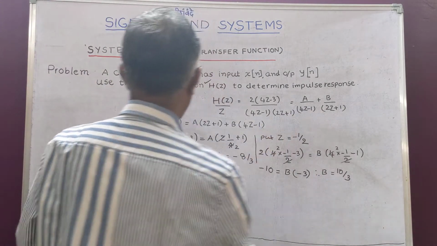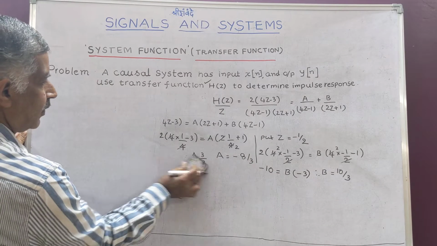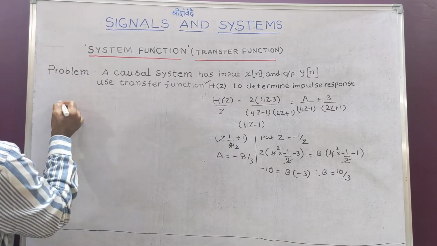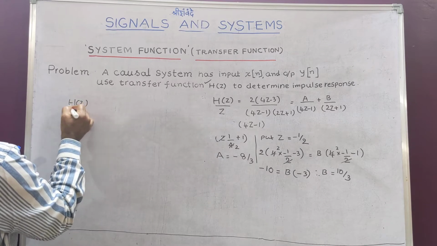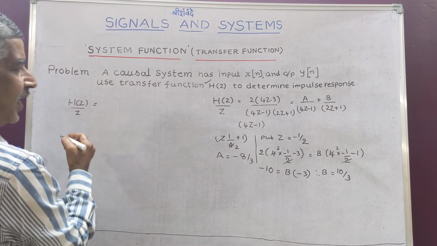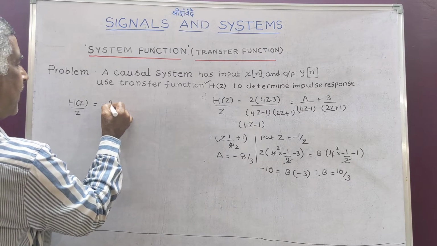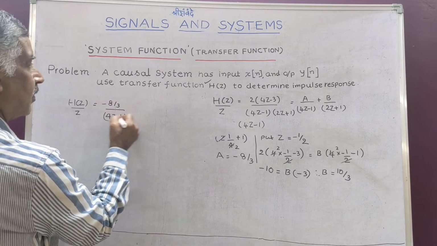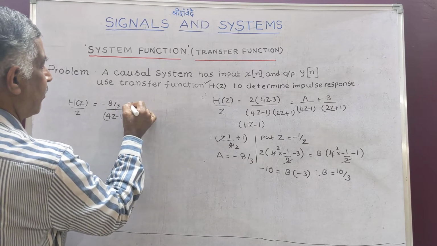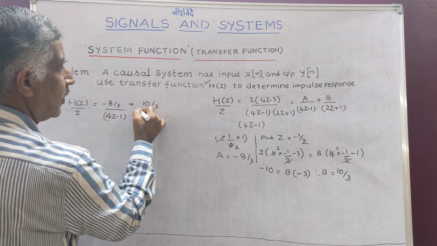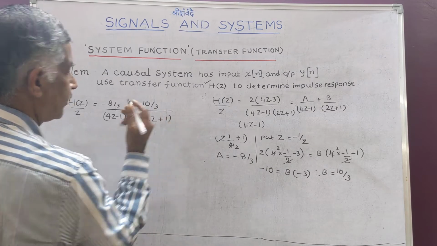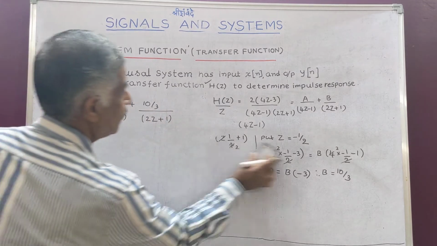Therefore, H(z)/z = (−8/3)/(4z − 1) + (10/3)/(2z + 1).